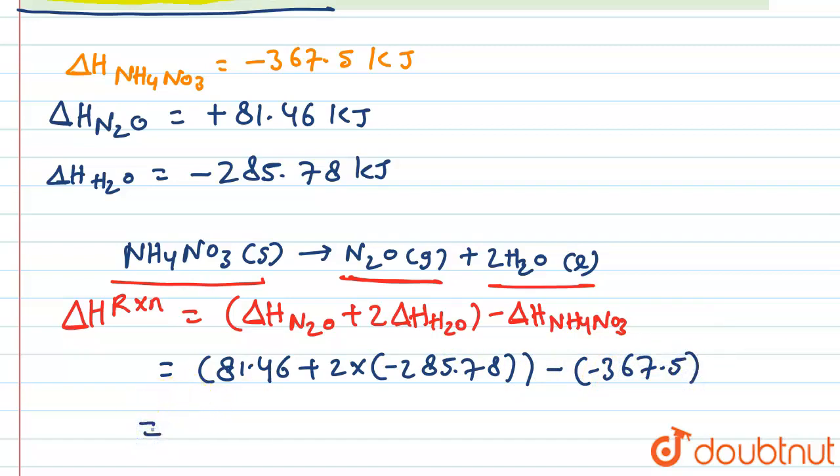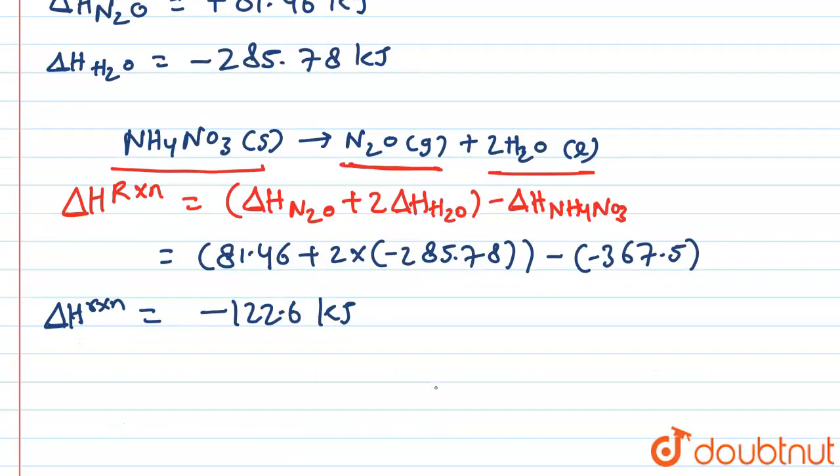So on solving this, we will get a value of minus 122.6 kilojoule. This is the overall delta H of this reaction.